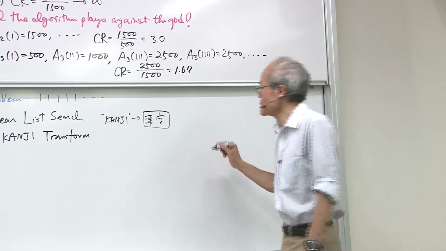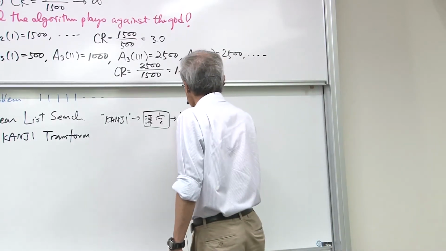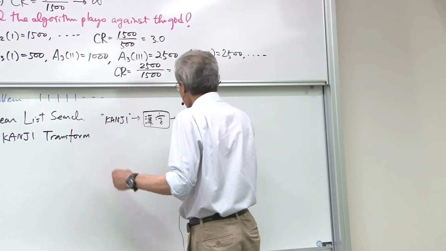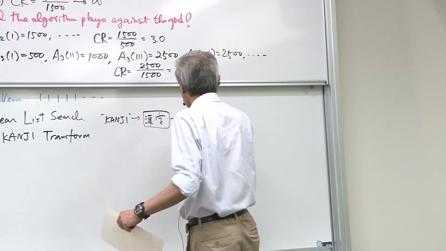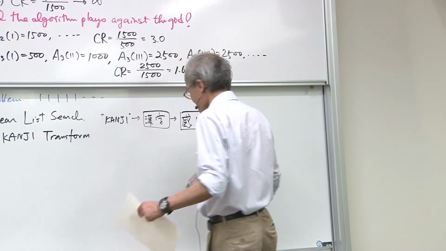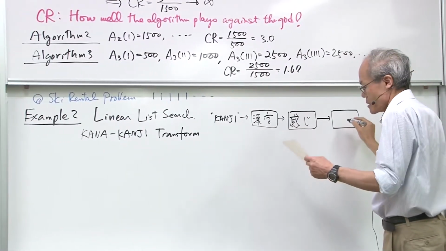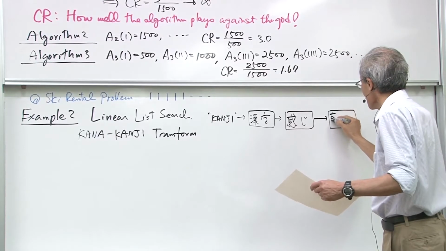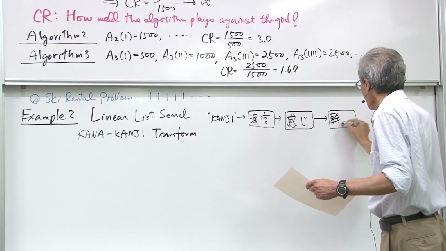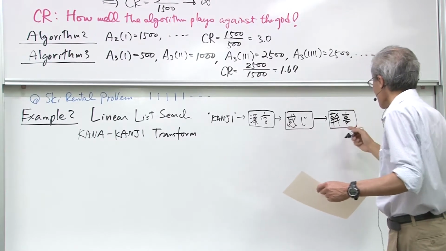Next one might be, I don't know, this one, and again you hit the space key, then it's a party organizer.